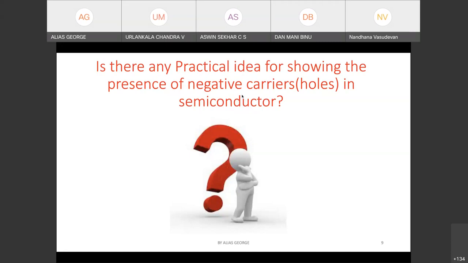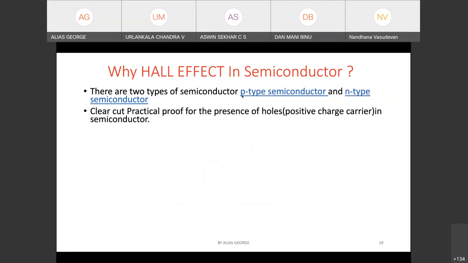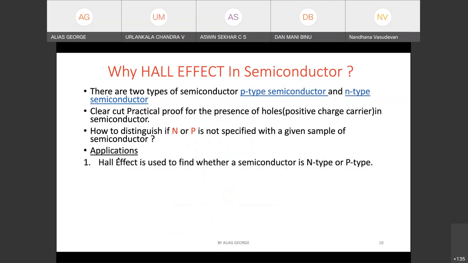No, I guess. So we can also explain this by Hall effect. I told two applications now. So it is the proof for the presence of positive charge carriers in a semiconductor. We can distinguish N and P by using this.